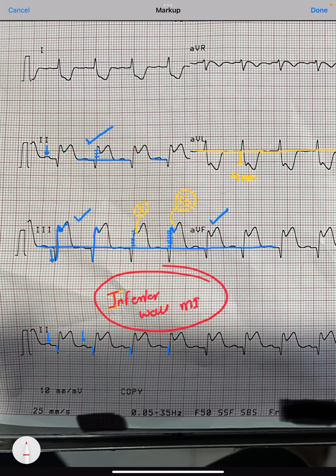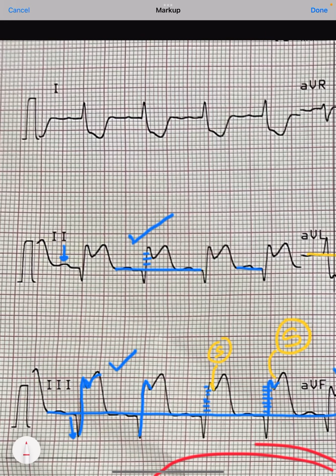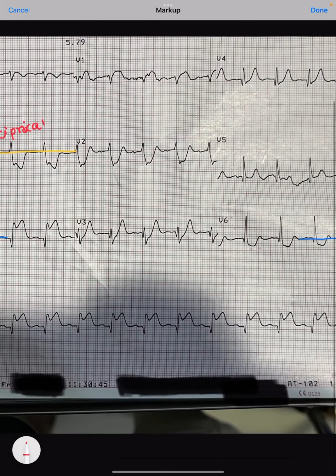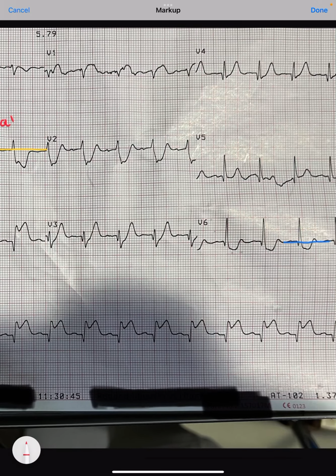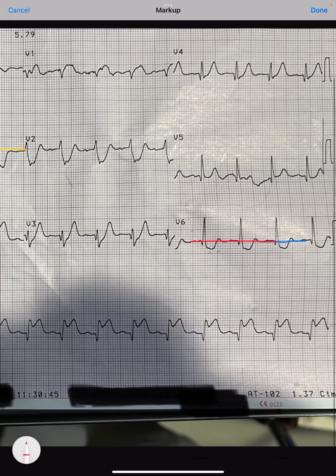In this you can see the ST depression in lateral walls. So this is the ST depression. These are called reciprocal changes. Lead 1, lead AVL is showing reciprocal changes, as well as lead V6 is also showing the reciprocal changes.